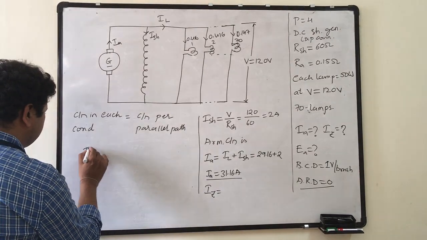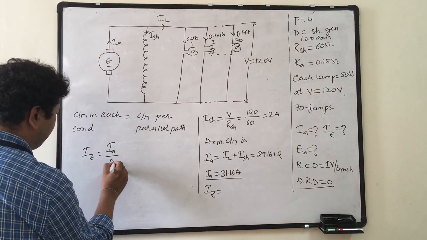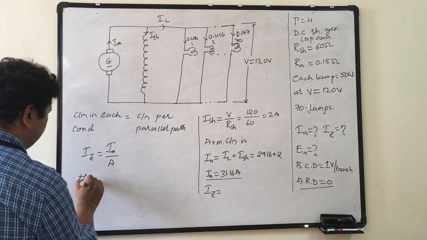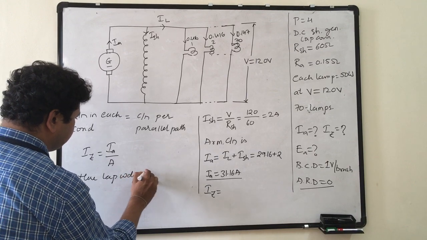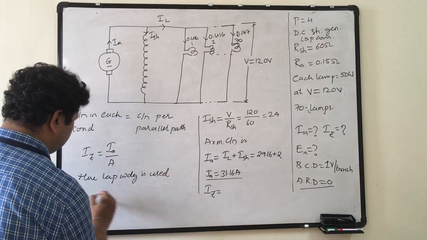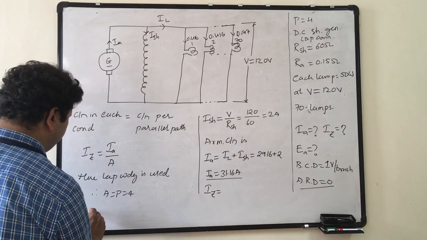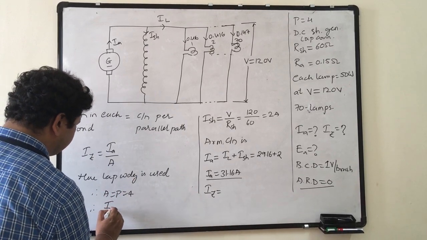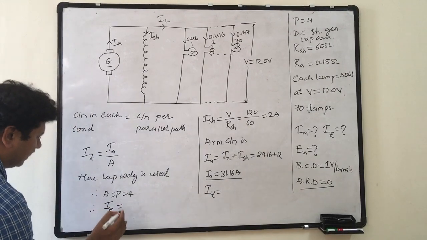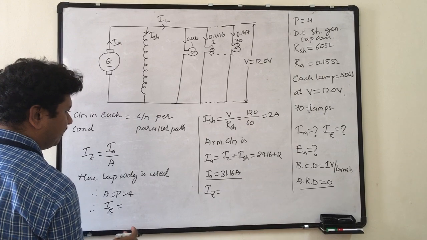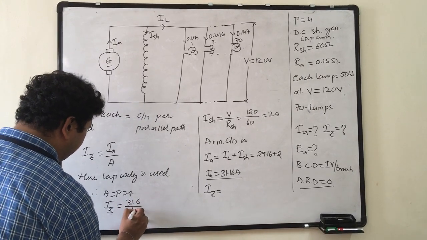Therefore IZ is equals to IA divided by A. Here lap winding is used, therefore A is equals to P, that is equals to 4. Therefore, IZ is equals to 31.16 divided by 4.